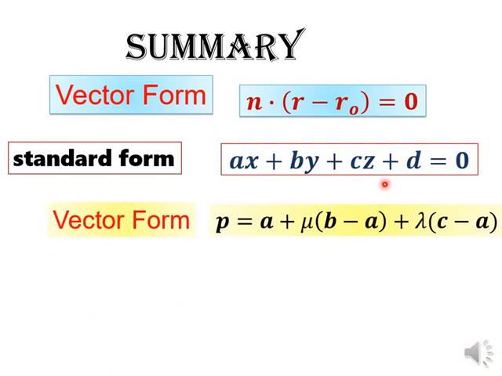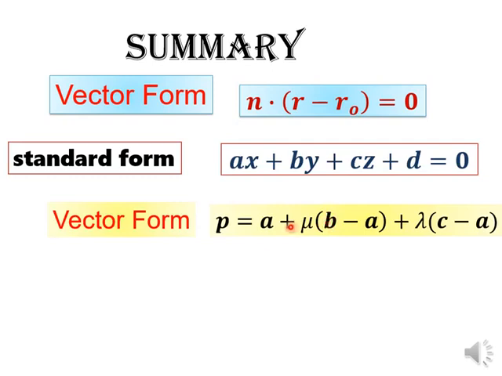Then we can also have a vector form in form of parametric form, where p is the position vector of any point in the plane, a is the position vector of a known point in a plane, and then b is also a position vector of a known point in the plane, and c is also a position vector of a known point in the plane.